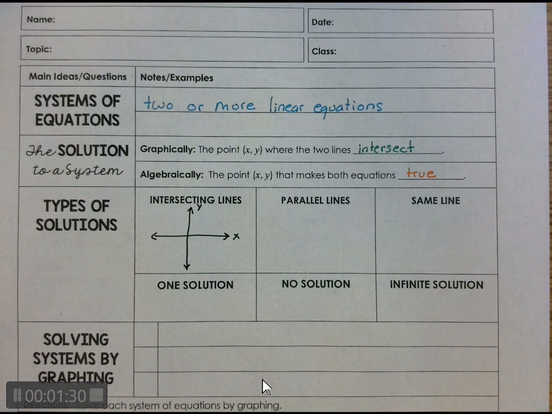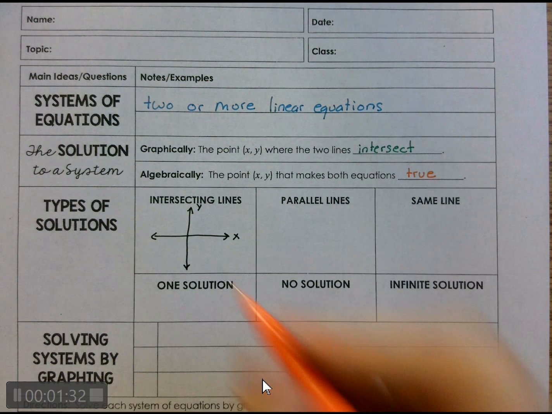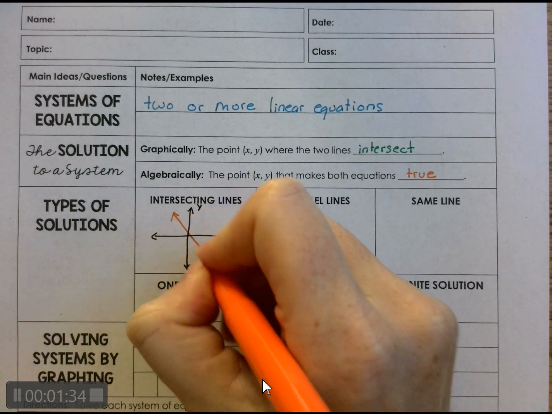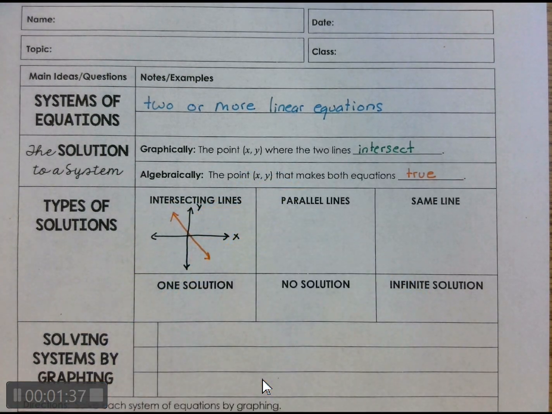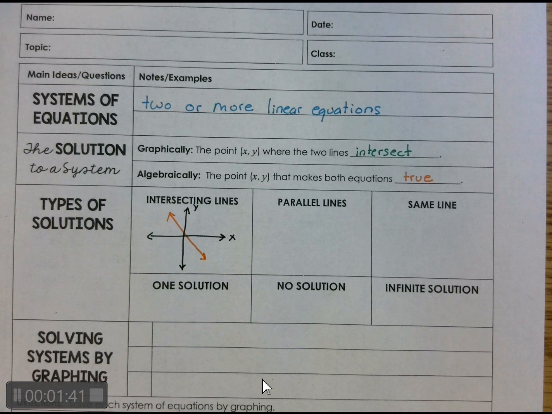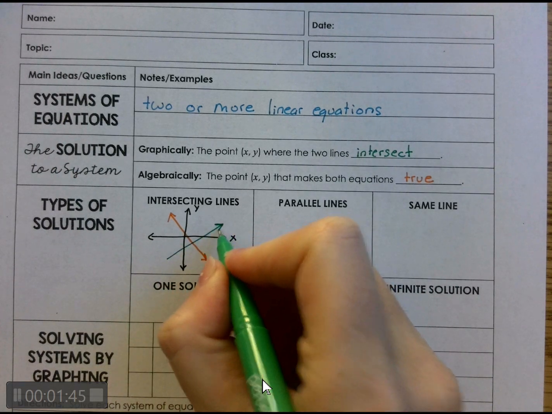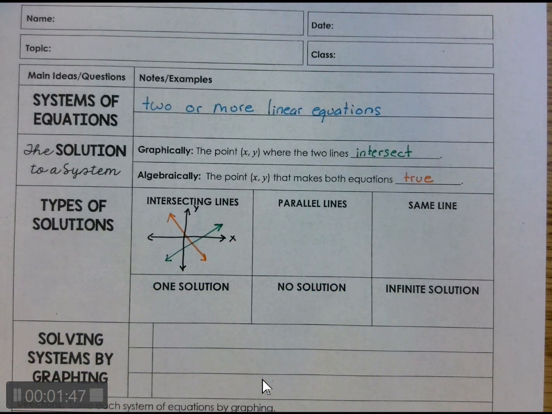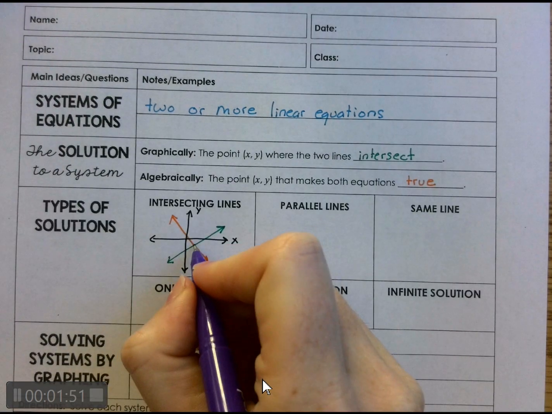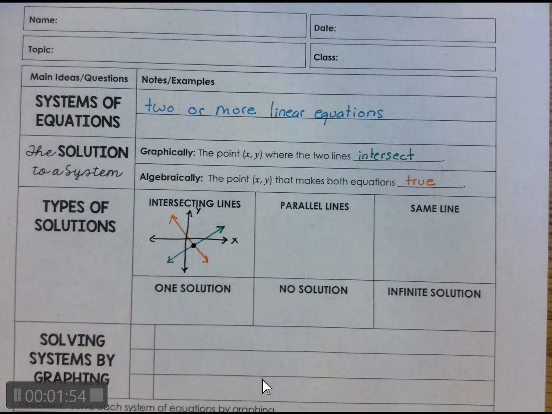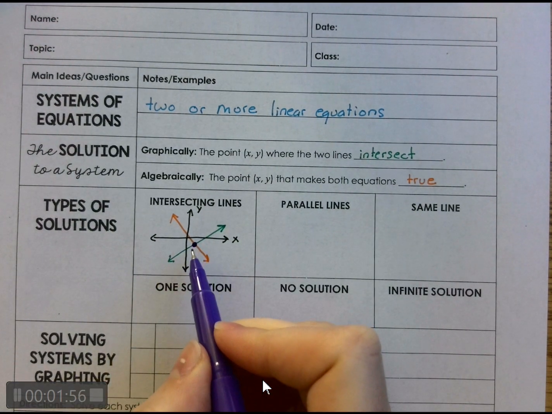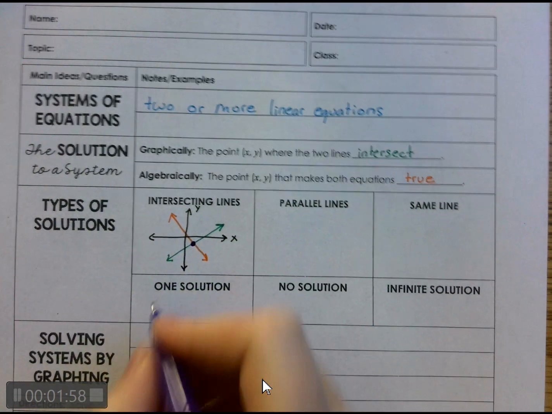Now, if I have one line going something like this, and then my second line, because remember two or more equations, and I have my second line going something like that, then this is the point of intersection, and this point here will be our solution.